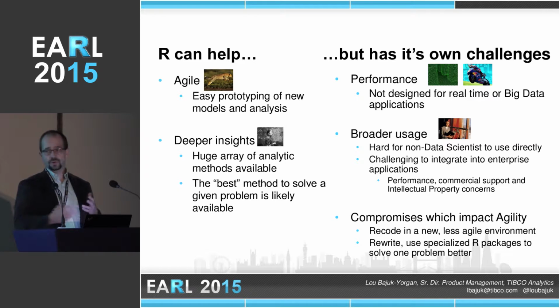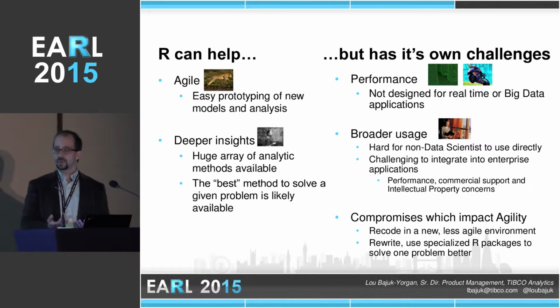It has a huge array of built-in analytic methods, access to, of course, thousands of packages on CRAN and Bioconductor and elsewhere. And why is this important? Well, because the best method to solve a given problem for a given level of best is likely available somewhere in R. And so people like R because they can Google for it and find some package that's relevant to the problem they're trying to solve, and quickly, hopefully, get the deeper insight that they're looking for.